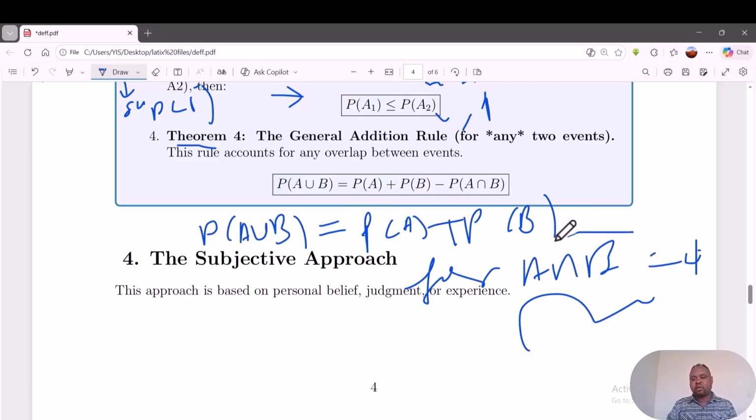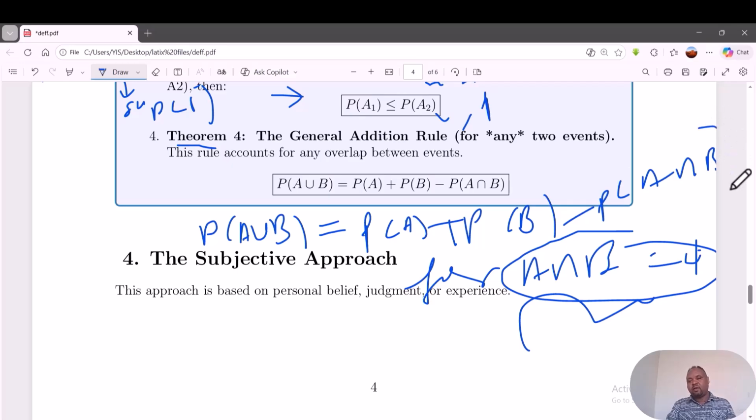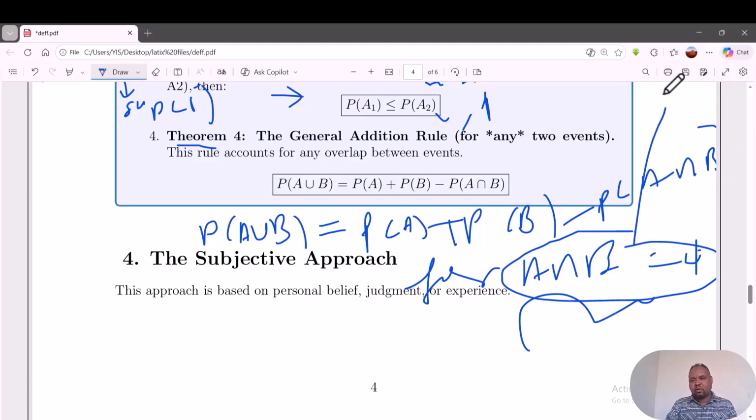We subtract the probability of A intersection B, right? If A and B are mutually exclusive, this becomes 0; otherwise we subtract this real number from the sum to obtain the probability of A or B, right? So the general additive rule is given by this formula.